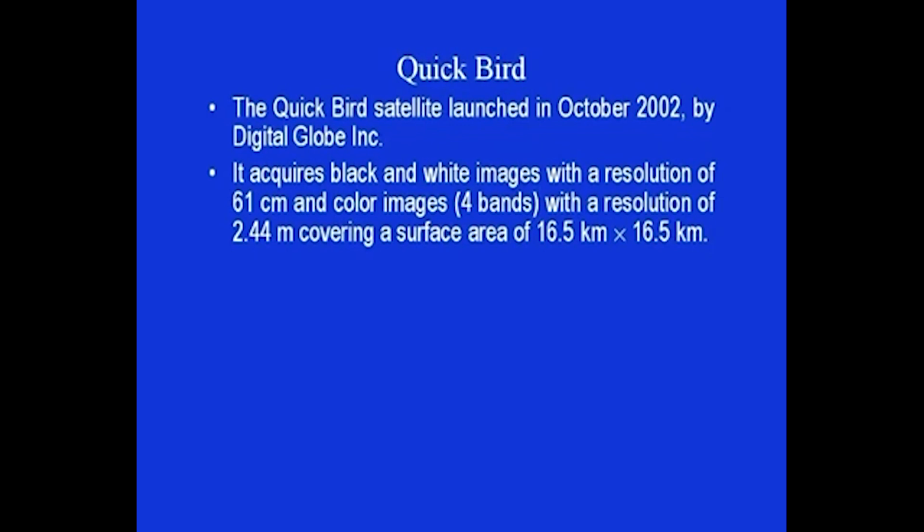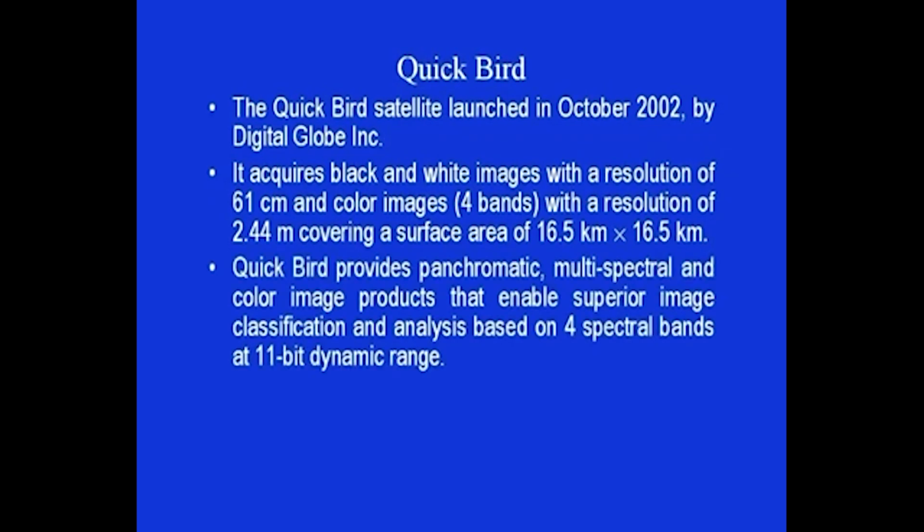However, the area coverage of QuickBird is about 16.5 kilometers by 16.5 kilometers, slightly larger than IKONOS. QuickBird provides panchromatic, multispectral and color image products that enable superior image classification and analysis based on 4 spectral bands in the 11-bit dynamic range.